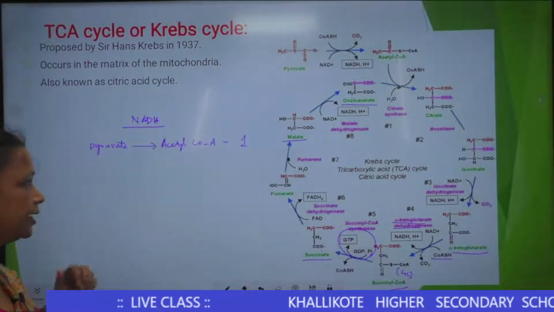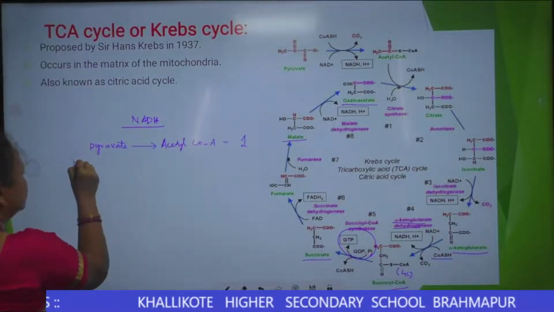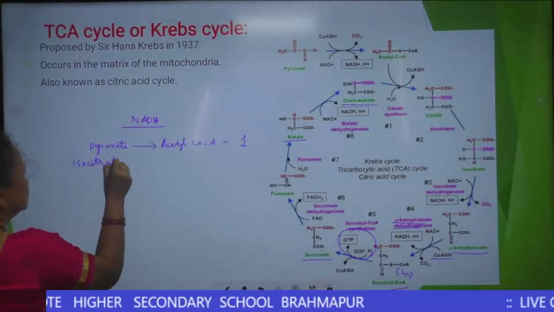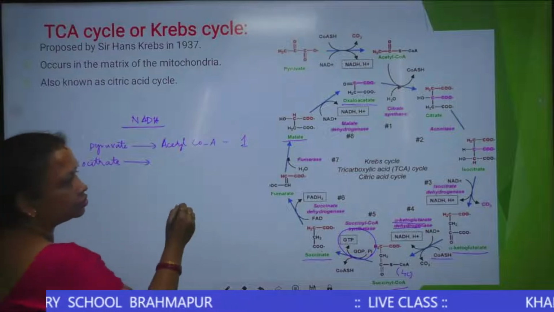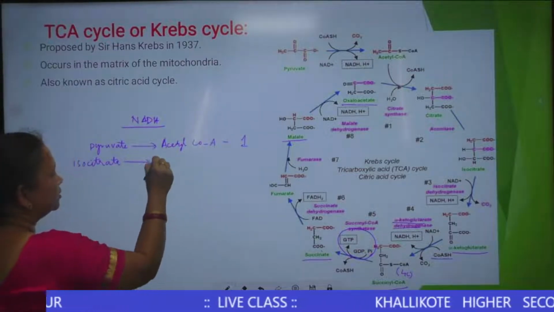The second NADH molecule is from isocitrate to alpha ketoglutaric acid or alpha ketoglutarate.